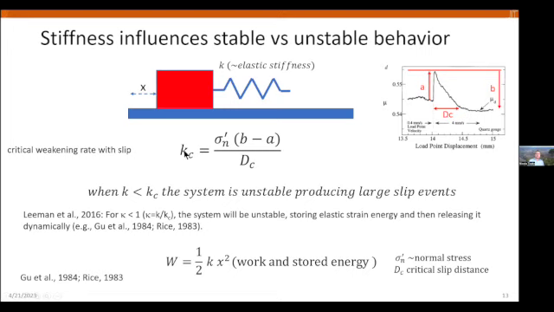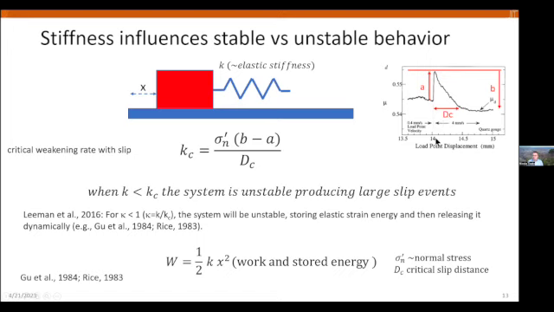And Kc is controlled by some properties of the rock, B minus A. I remind you that A is the direct effect, the increase of friction due to the change in velocity, while B is the long-term effect, the change in friction after the sample has slipped for a while, after the change in velocity. And D sub C is the critical distance, the distance that the sample takes to go from this change in friction to another steady state value of friction, right?